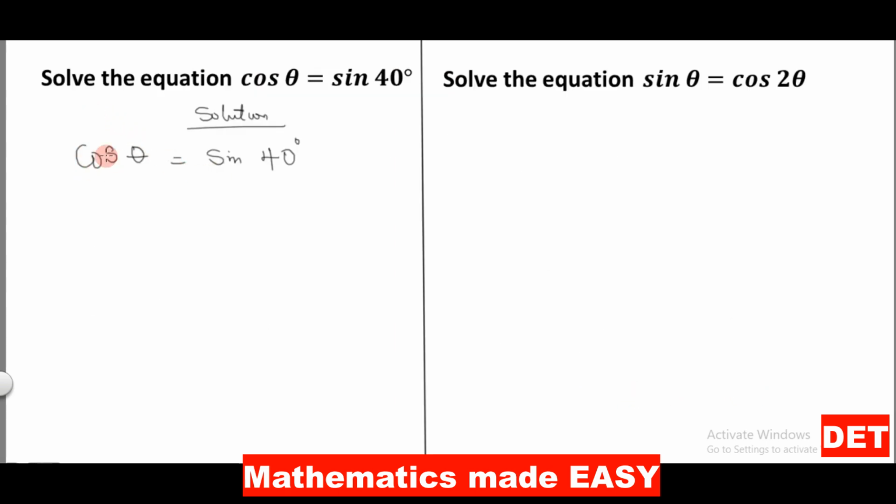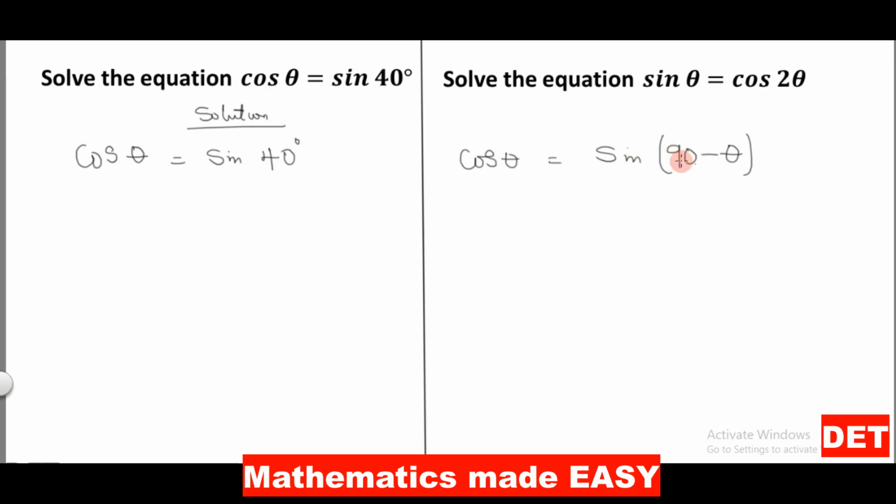Alright, so here I would want to convert this cos theta to sine theta. From complementary angles, I have that cos theta is equal to sine(90 minus theta).